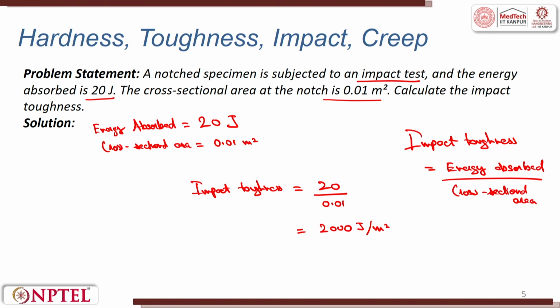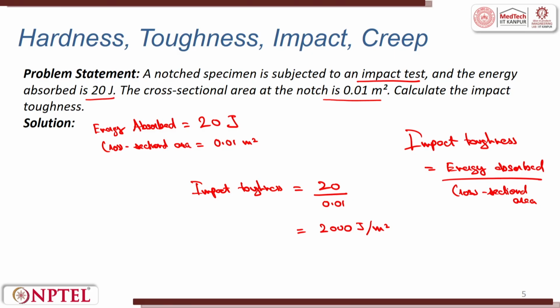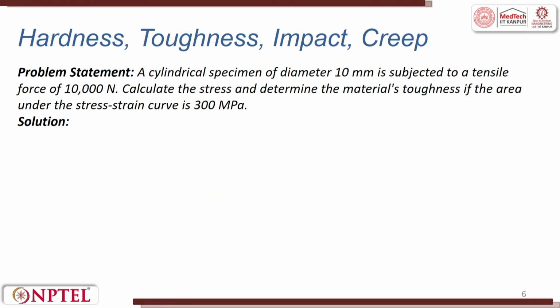So, direct. Similarly, let us try to see another toughness test for tensile load. There is another problem statement where a tensile load is there with a force of 10,000 Newton. A cylindrical specimen of diameter 10 millimeter is subjected to this load. We need to calculate the stress and determine the material's toughness if the area under the stress strain curve is 300 megapascal.